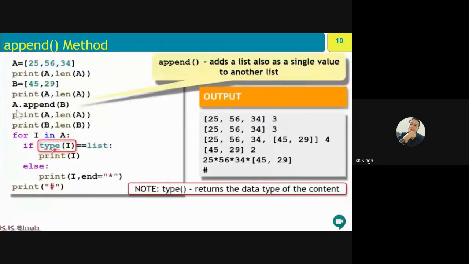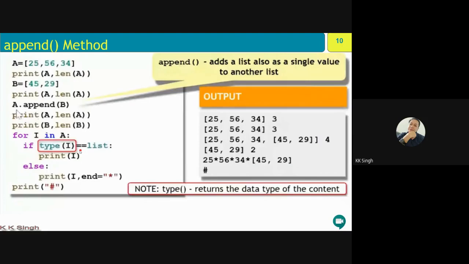So on index 3, this is 45 and 29, and it will not say this is a list because these are integers. The type function returns the data type of the content, which is integer, so it becomes false here. This is not correct, because it will always check the data type of the content, not the data type of the structure.